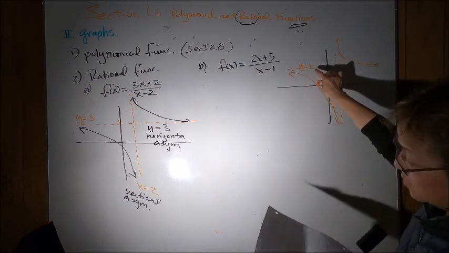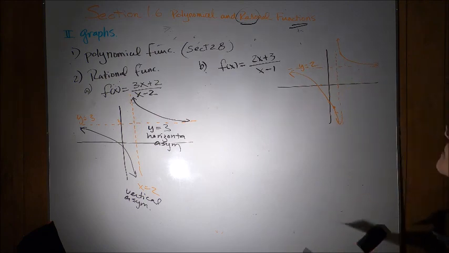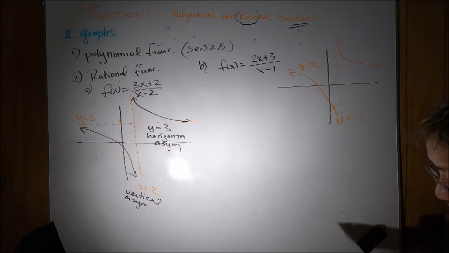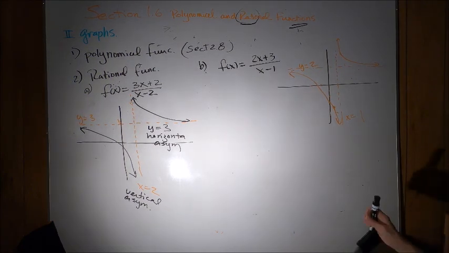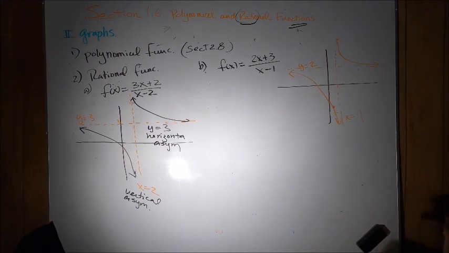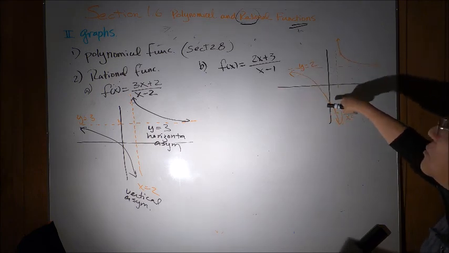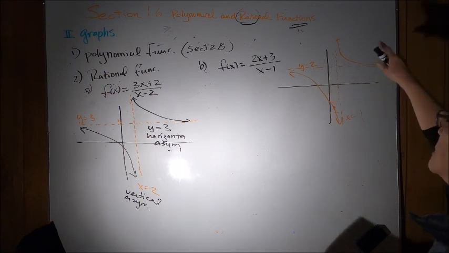Then y equals 2 is your horizontal asymptote, and x equals 1 is your vertical asymptote. So we are learning the concepts of asymptotes. Then by using calculators, we know how the graph will behave, and how the functions will behave.